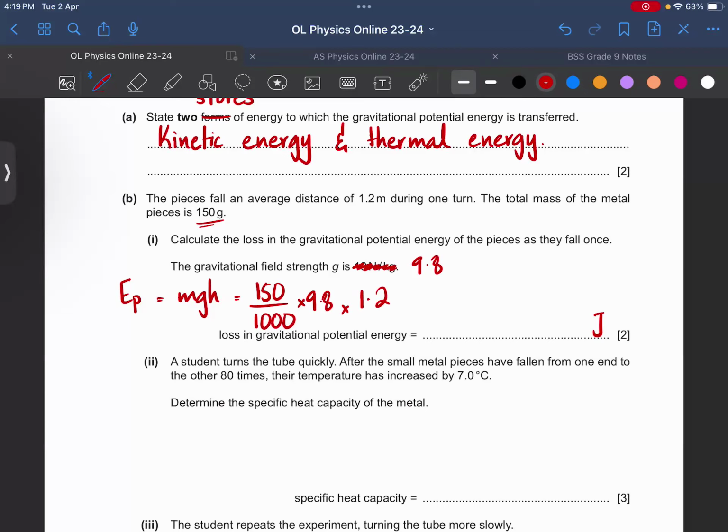All right. So again, if you just calculate this, so 0.15 times 9.8 times 1.2 is 1.764. Again, whenever your answer goes beyond 3SF, it's your job to round this back down. So you can give this as 1.76 joules.